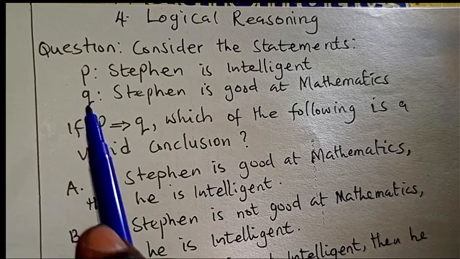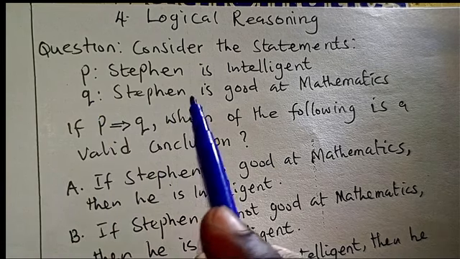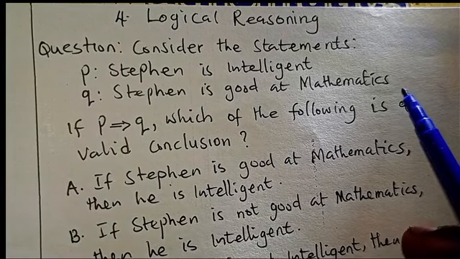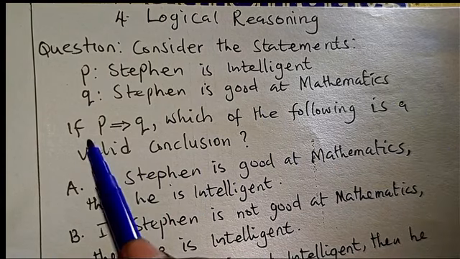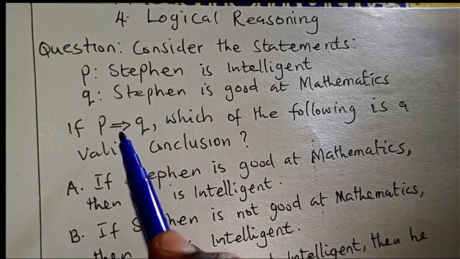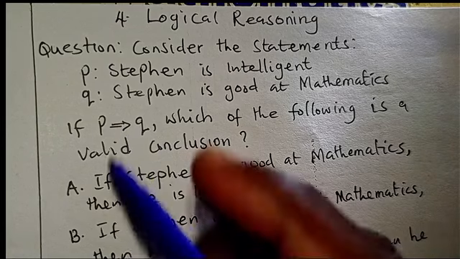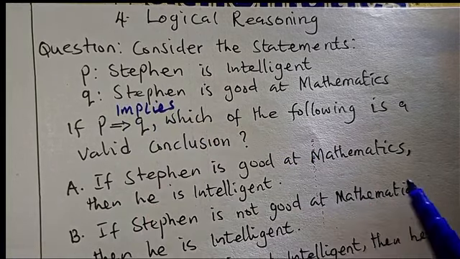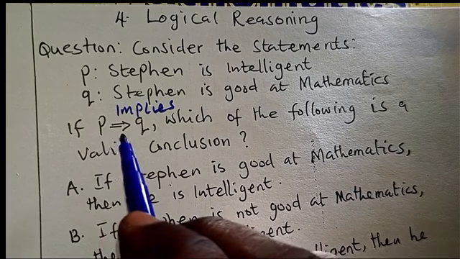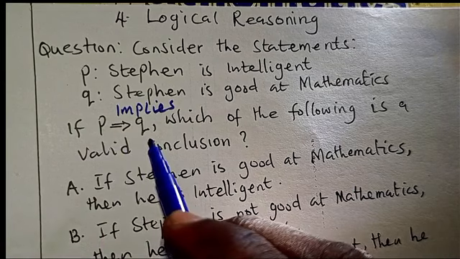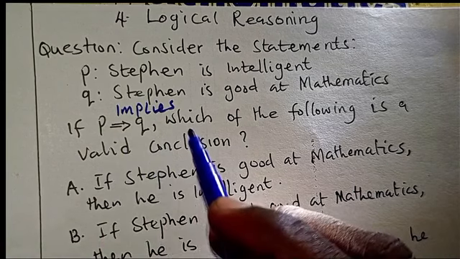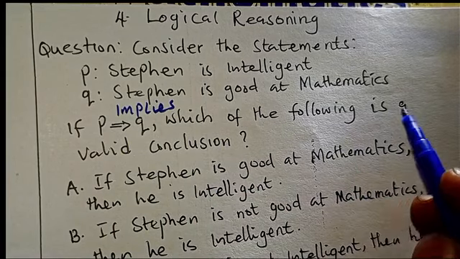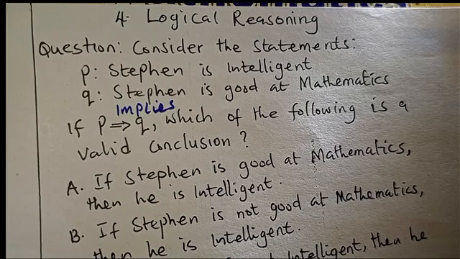Then we have Q representing Stephen is good at mathematics, right? So now if P, this sign means implies, that is implication, so if P implies Q, that is how to pronounce it. Which of the following is a valid conclusion?